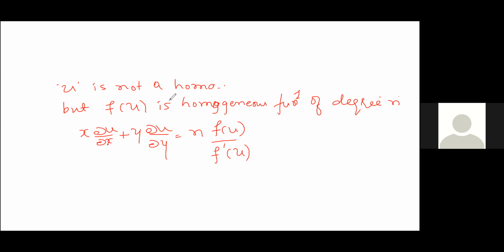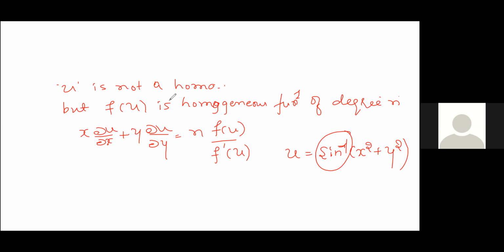For example, say u equals sin inverse of x square plus y square. Is it homogeneous? Homogeneous means all the powers should be the same. Because of the sin inverse function, this function u is not homogeneous.